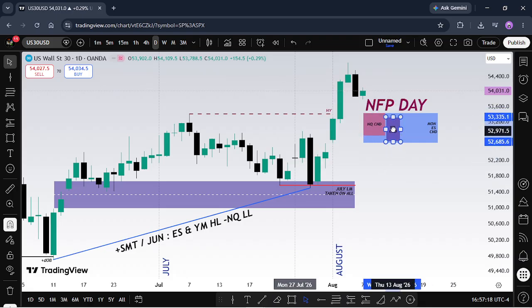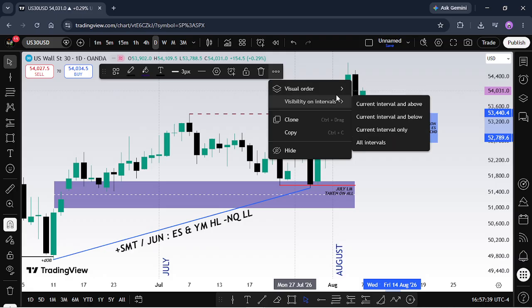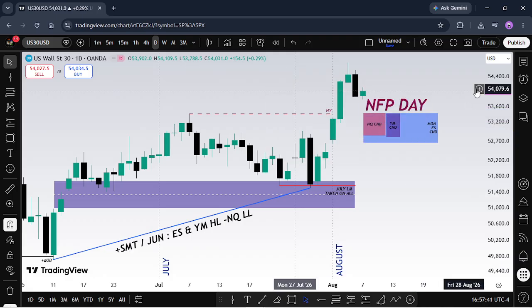Then take that. Yeah. So YM's candle was just slightly bigger than NQ's candle. However, ES candle was the largest. Right. Yeah. Let's move this to the front too. Then I'll take a screenshot of that.